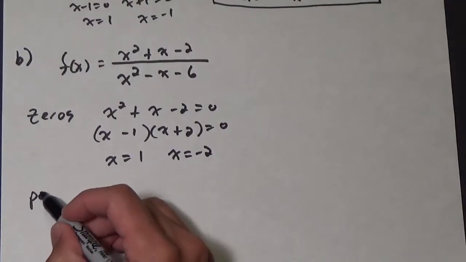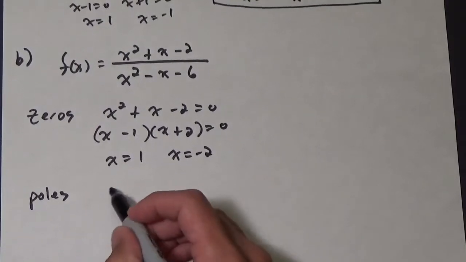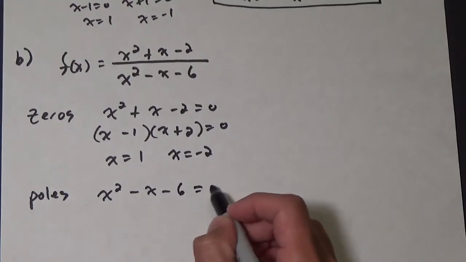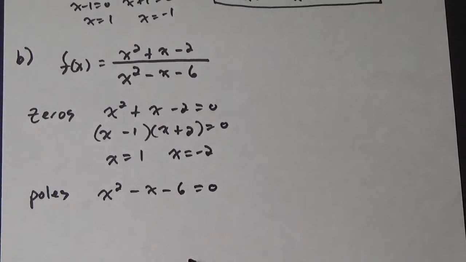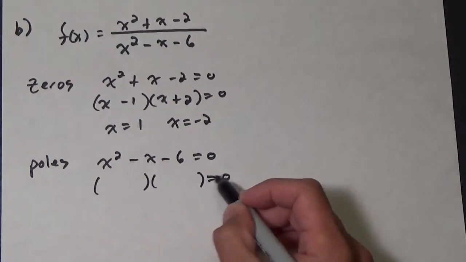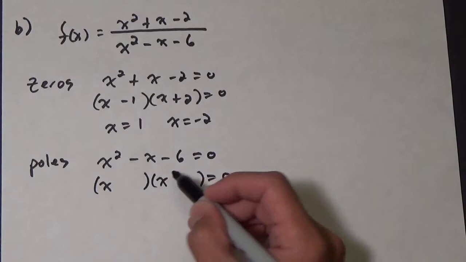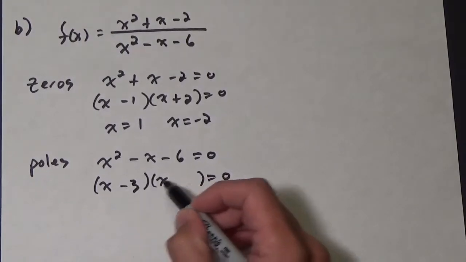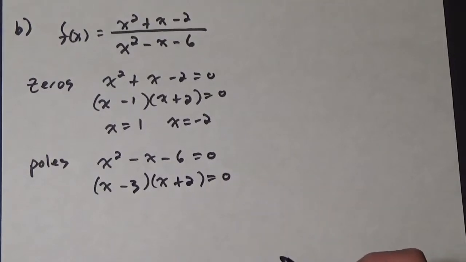Now let's look for the poles. So we have x squared minus x minus 6 equals 0. Let's factor that. Let's see, minus 3 plus 2.